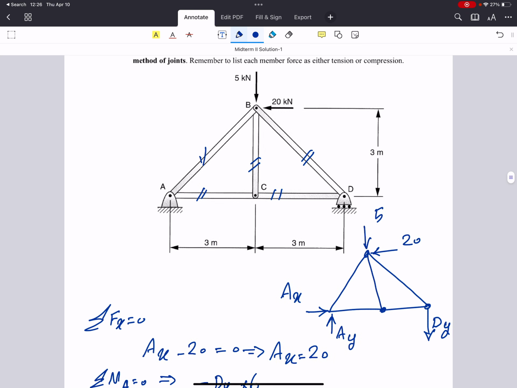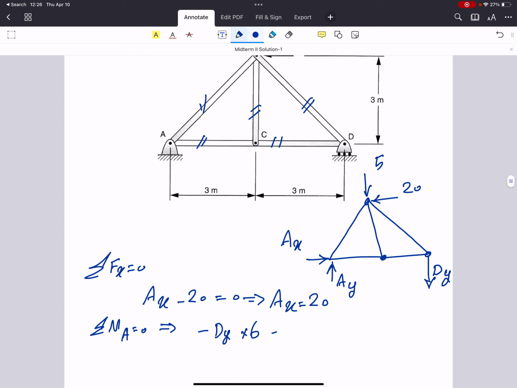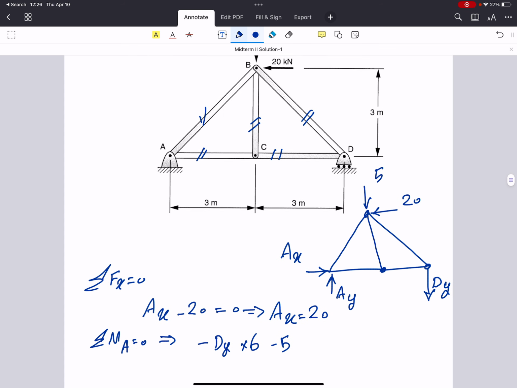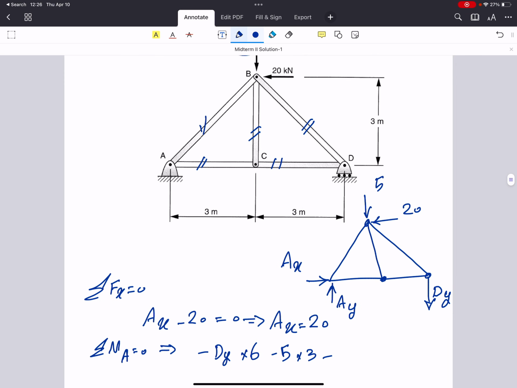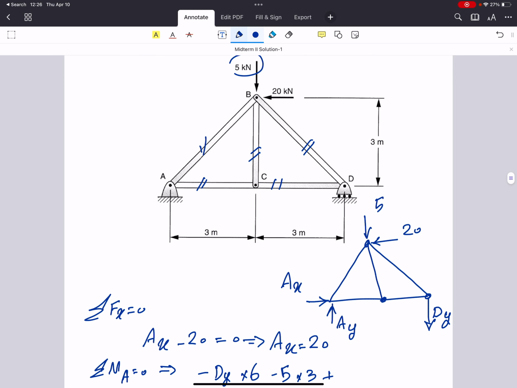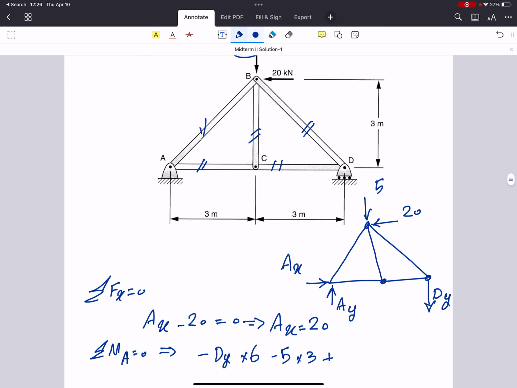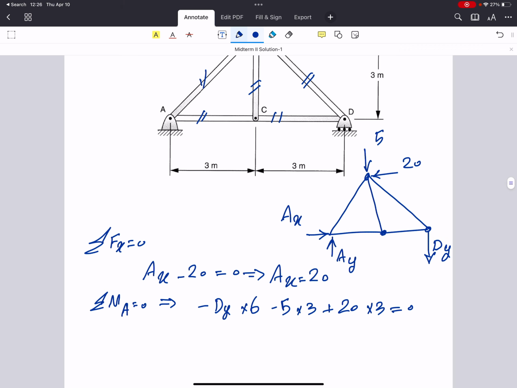And then I have the 5 force, this one going down, times 3. Then positive 20. The 20 is making counterclockwise, so it's going to be positive. That times 3. That's all the forces I have, equals 0. So this is 60 and this is 15. My DY will be 7.5.